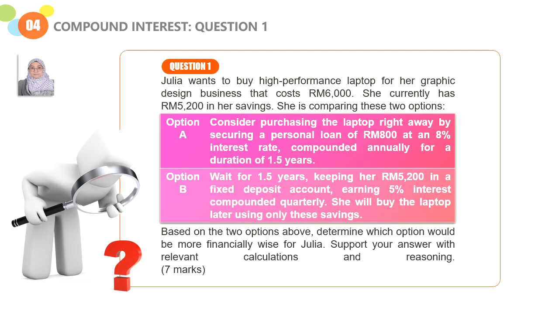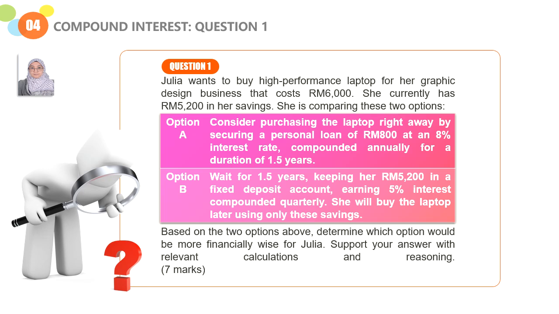Compound interest question 1. Julia wants to buy a high-performance laptop for her graphic design business that costs 6,000. She currently has 5,200 in her savings. She is comparing these two options. Option A: purchase the laptop right away by securing a personal loan of 800 at an 8% interest rate, compounded annually for a duration of 1.5 years.